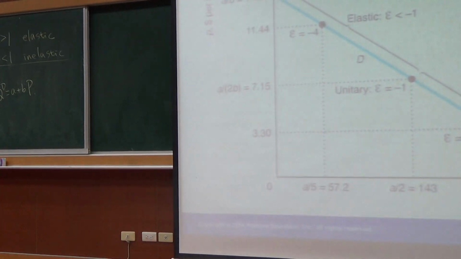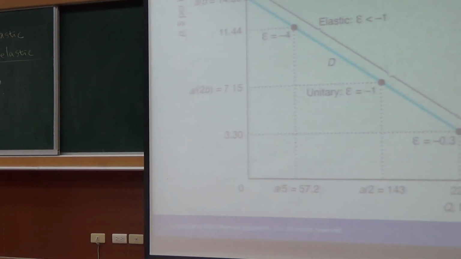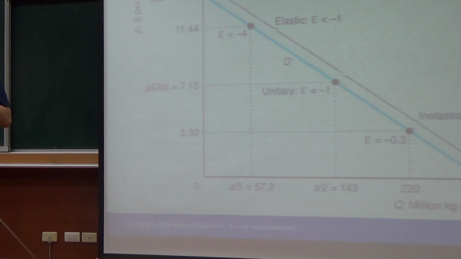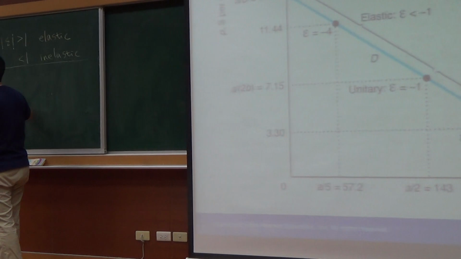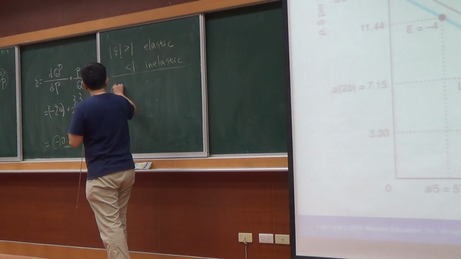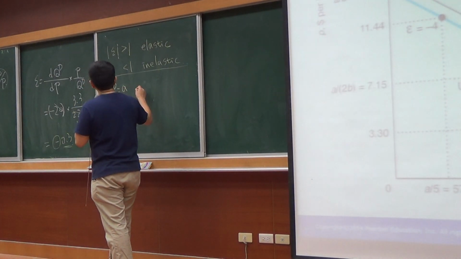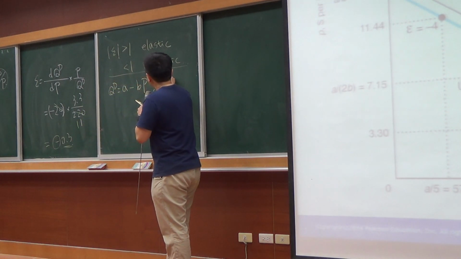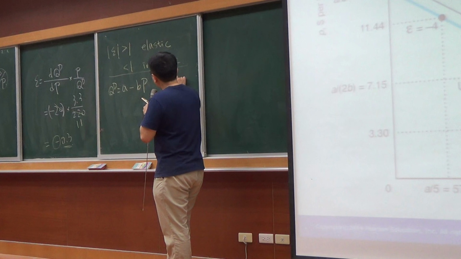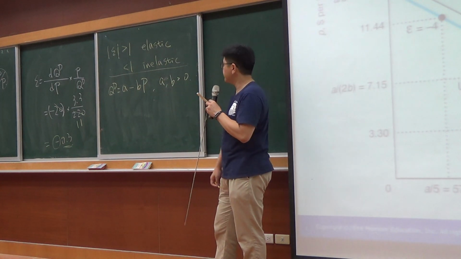All right. So now, if we have a linear demand curve, for example, QD equals A minus BP, here you make A and B positive. Okay?